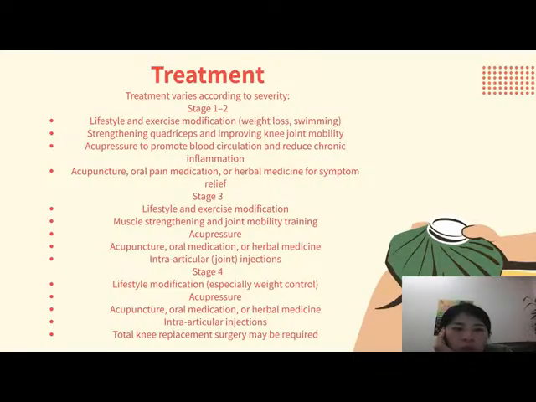And then you can strengthen your muscles like your leg and your thigh, and that will help you improve your knee joint mobility. And acupressure points definitely help to promote blood circulation and reduce the chronic inflammation. And acupressure or oral pain medication or herbal medication will also help for symptom relief. So that is the first stage.